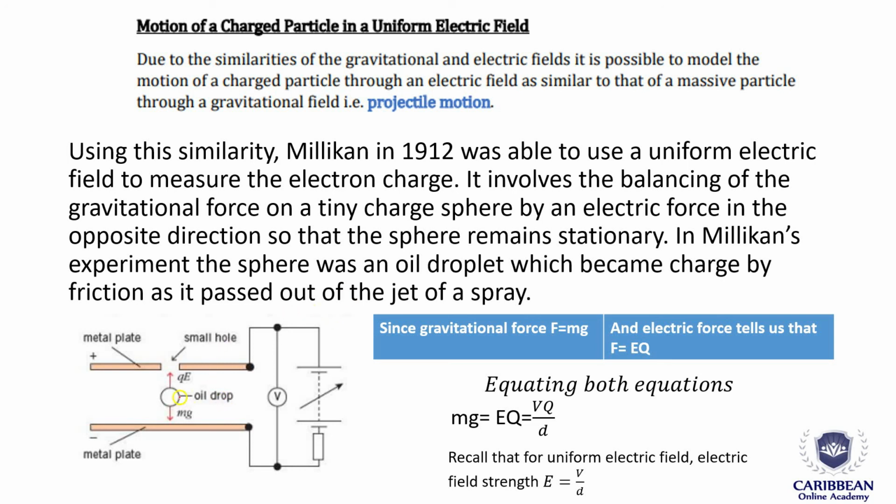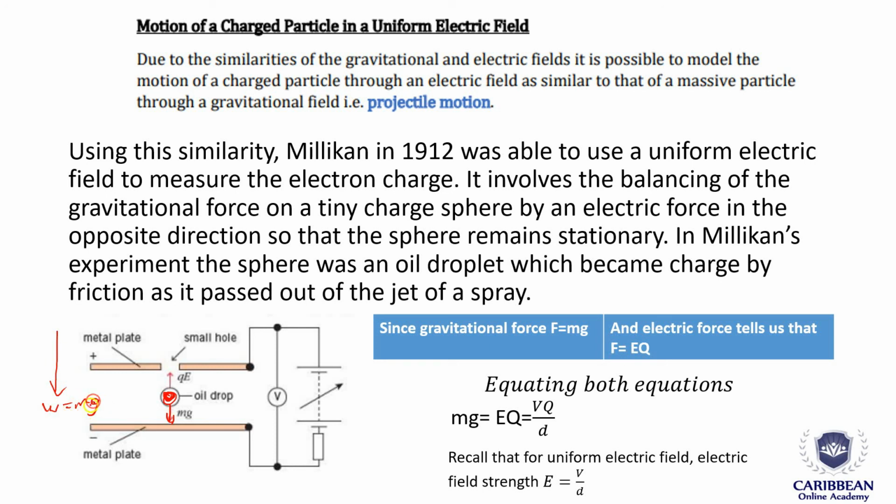If the upward force is balanced with the downward force, then whatever is inside of the electric field will not move downward. Generally speaking, when you have an object falling from some height, the force of gravity, which is the weight of the object, would be acting down on it.